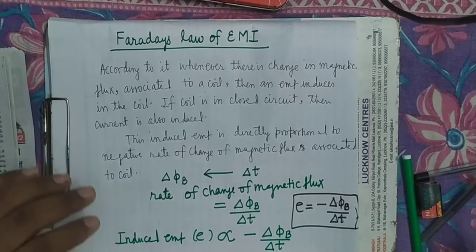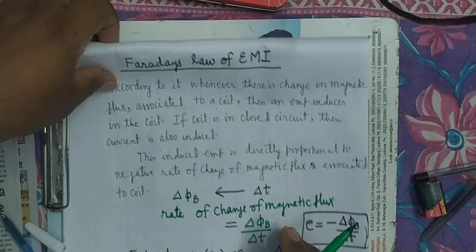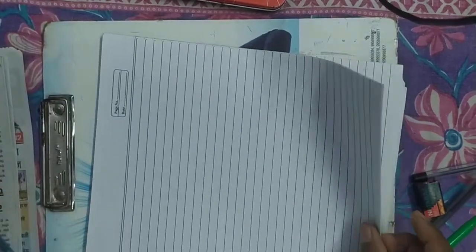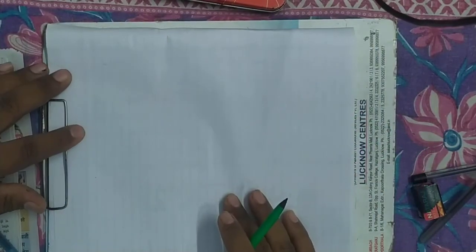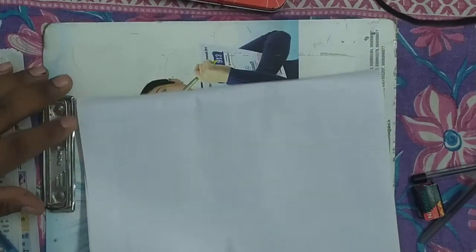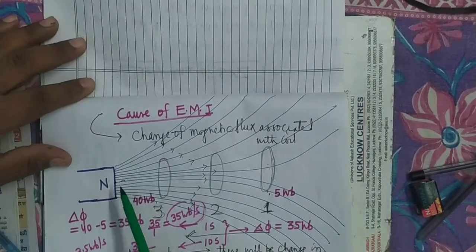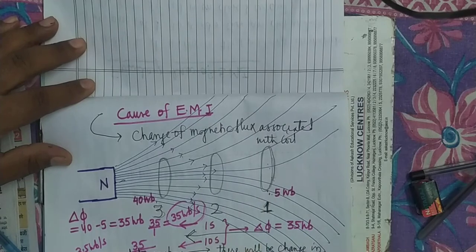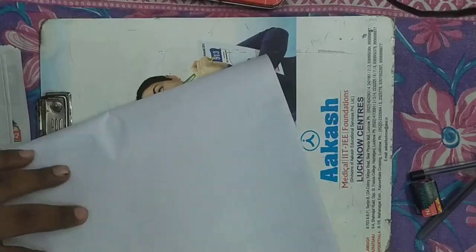Now see here, if there are n turns in the coil, instead of having one turn, suppose there are n turns and it is closely wound, so that the same change is taking place through every turn. It's clear.